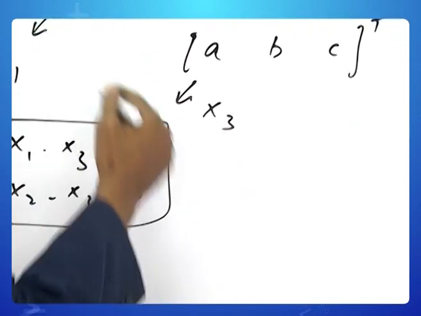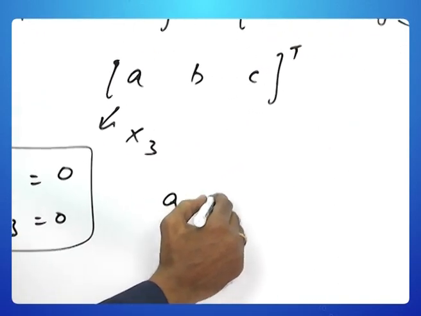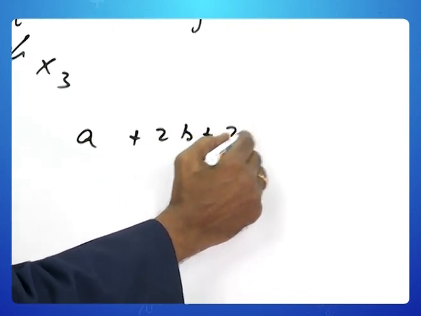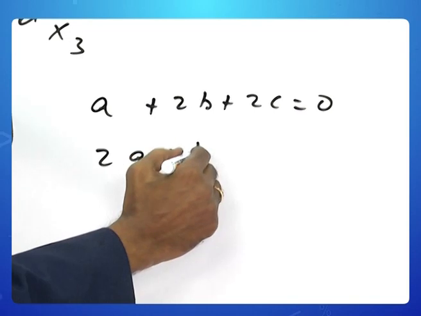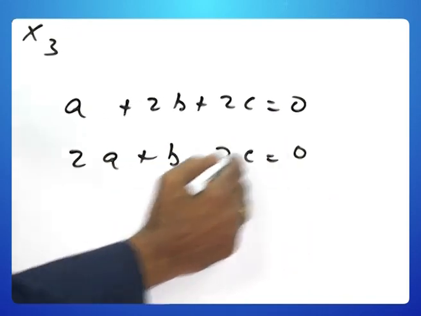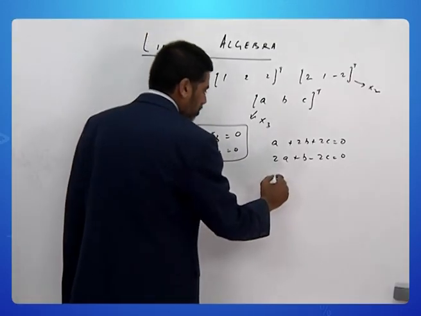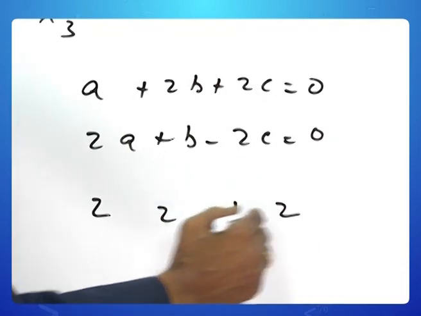Accordingly, if you take the dot product, you will get a plus 2b plus 2c is equal to 0 and 2a plus b minus 2c is equal to 0. So let's solve this by the method of cross multiplication.